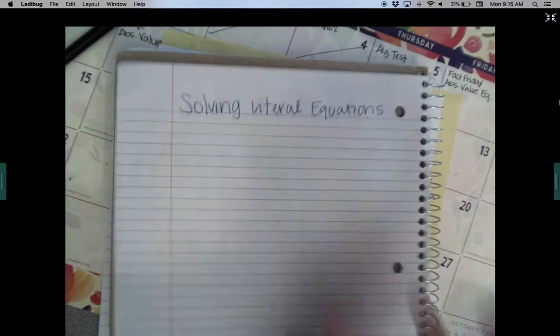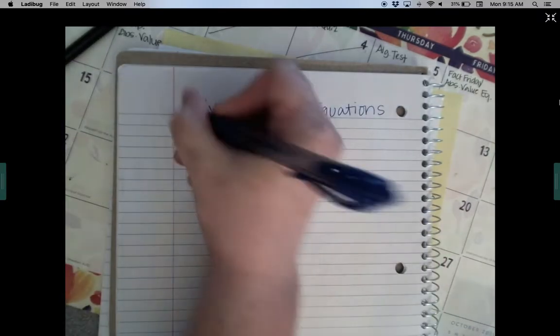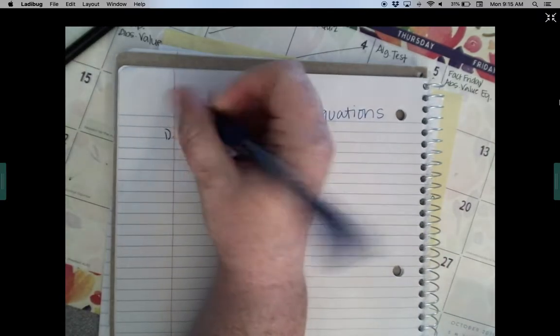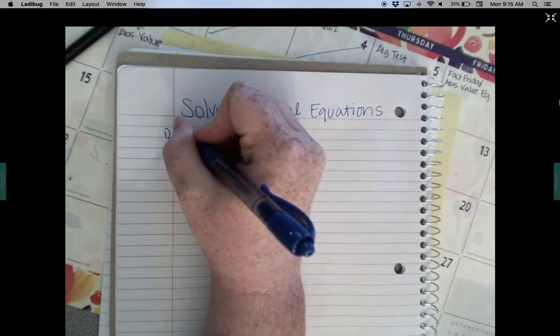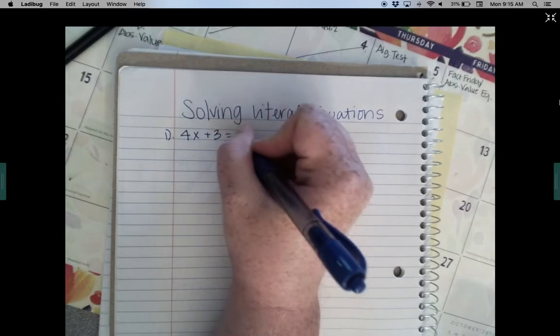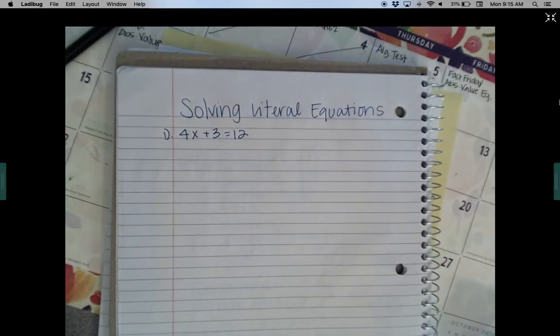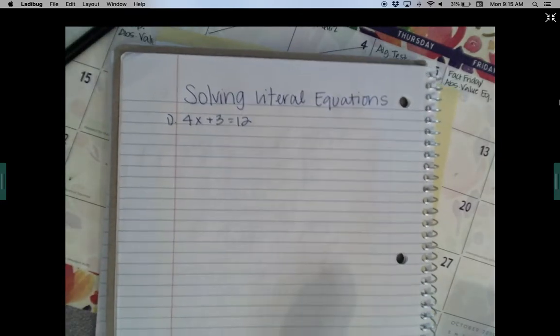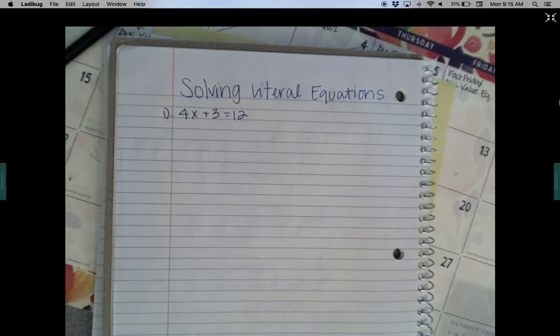I want you to think about and start by solving by yourself 4x plus 3 equals 12. Okay, so I just want you to solve that. I would say that should take you maybe a minute to solve. So about 1 minute to solve that equation.